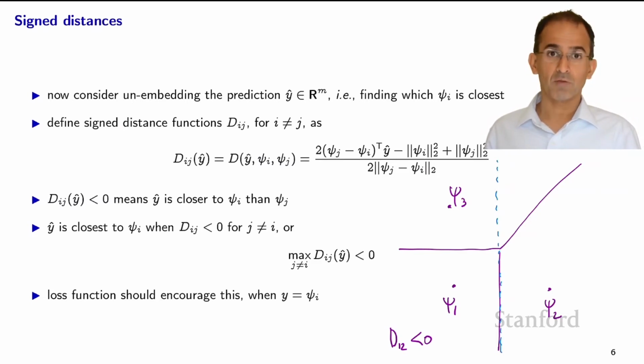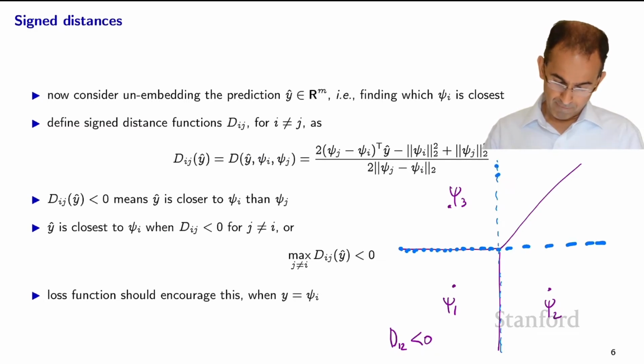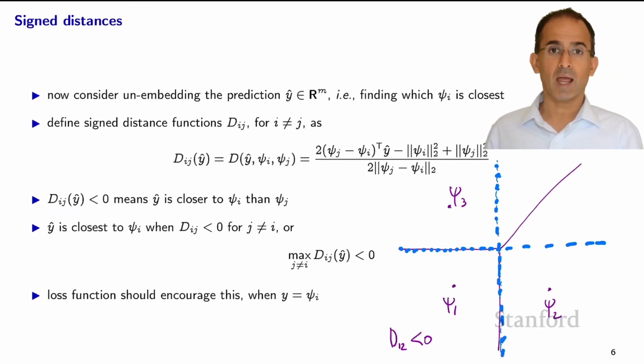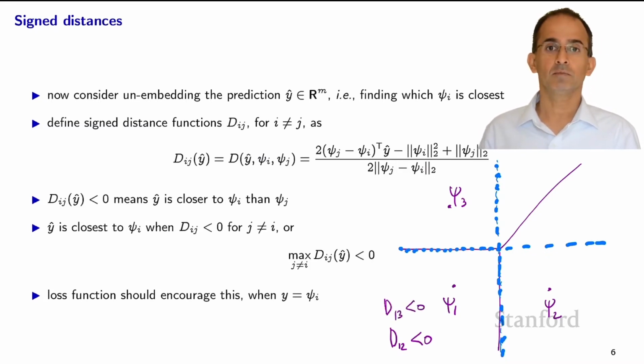Where is d1,3 less than 0? That's everywhere below that line. Let me mark my 2 lines. And so if d1,2 and d1,3 are less than 0, well then I'm in the region belonging to psi1.